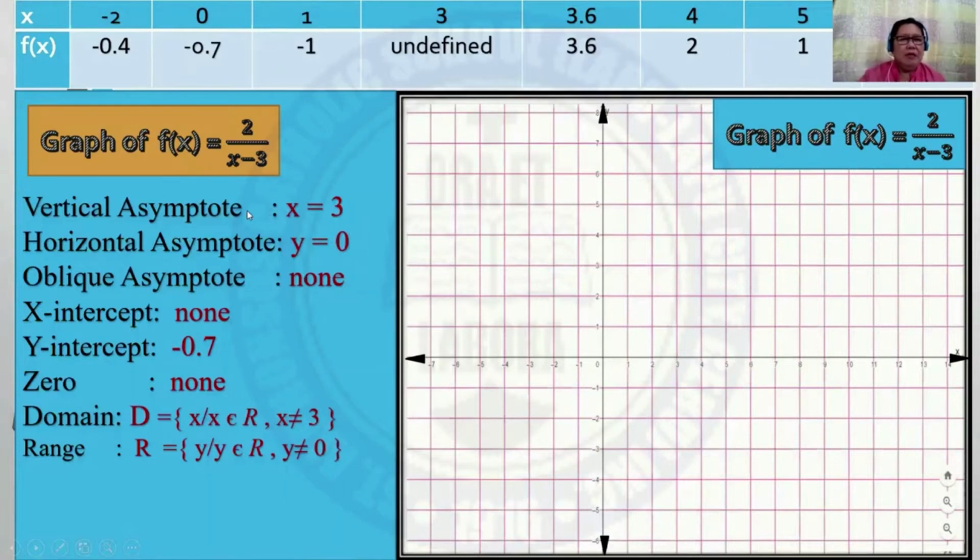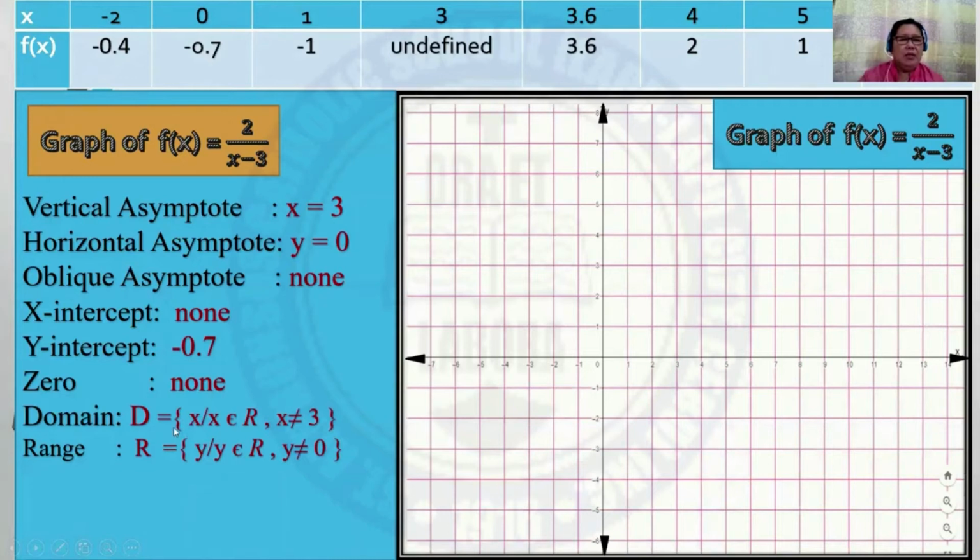So, let us have a summary of all the answers that we had earlier. Vertical asymptote is x is equal to 3. Horizontal asymptote is y is equal to 0. There is no oblique asymptote. No x-intercept. Then the y-intercept is -0.7. So if there is no x-intercept, so there is no 0 root.